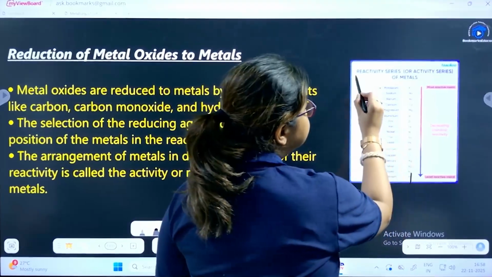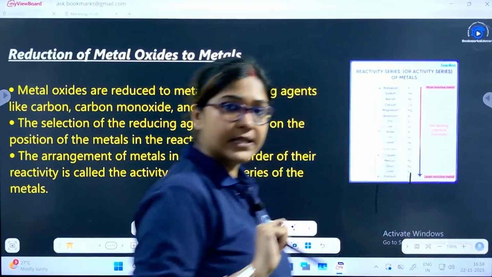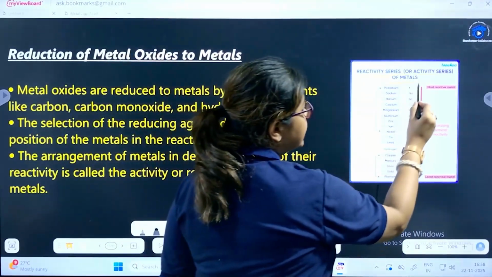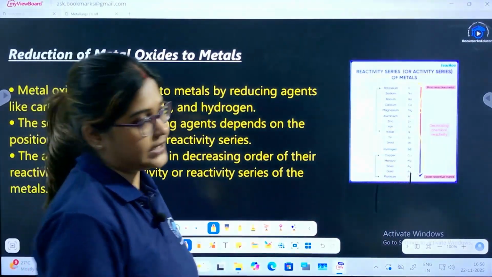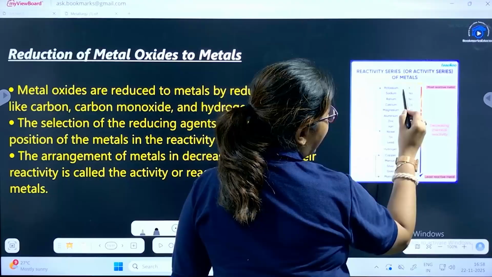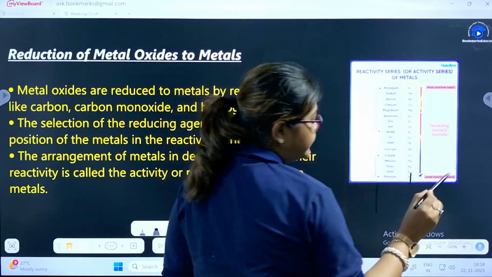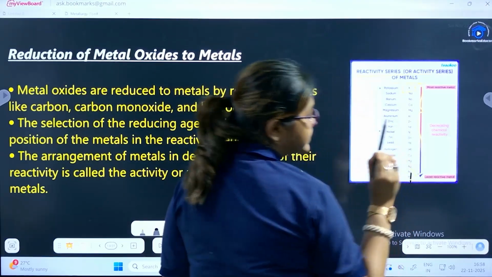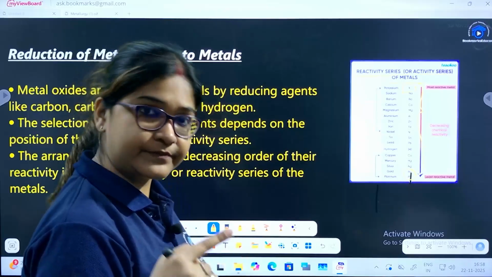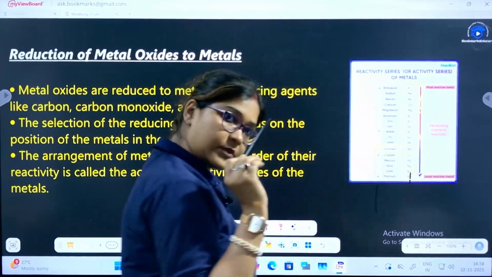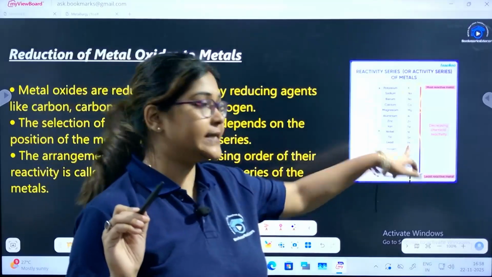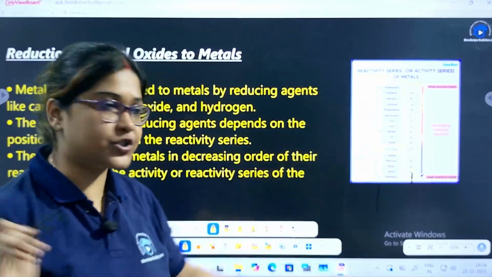Okay, this is the reactivity series, where the metals are arranged in decreasing order of their reactivity. The top position, the highest reactive, is potassium, and the least reactive is gold, followed by platinum, right? And in the middle you have hydrogen. Okay, lead and copper are separated by hydrogen.